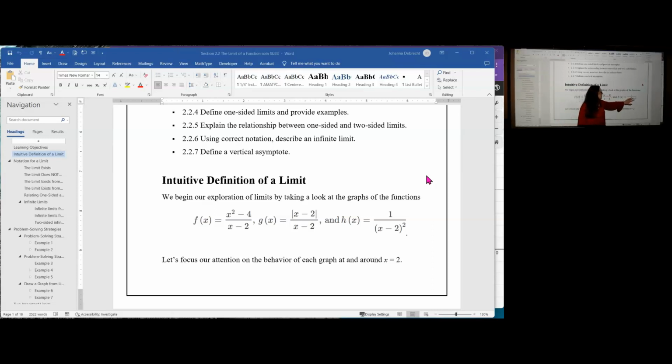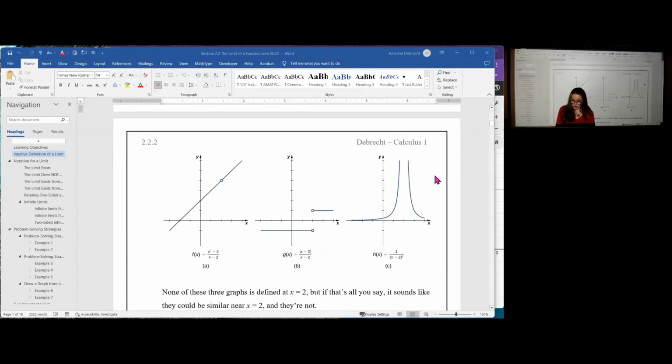And finally, the rational function 1 divided by the quantity x minus 2 squared. We're going to focus our attention on each of these graphs at what is happening around the point where x equals 2.